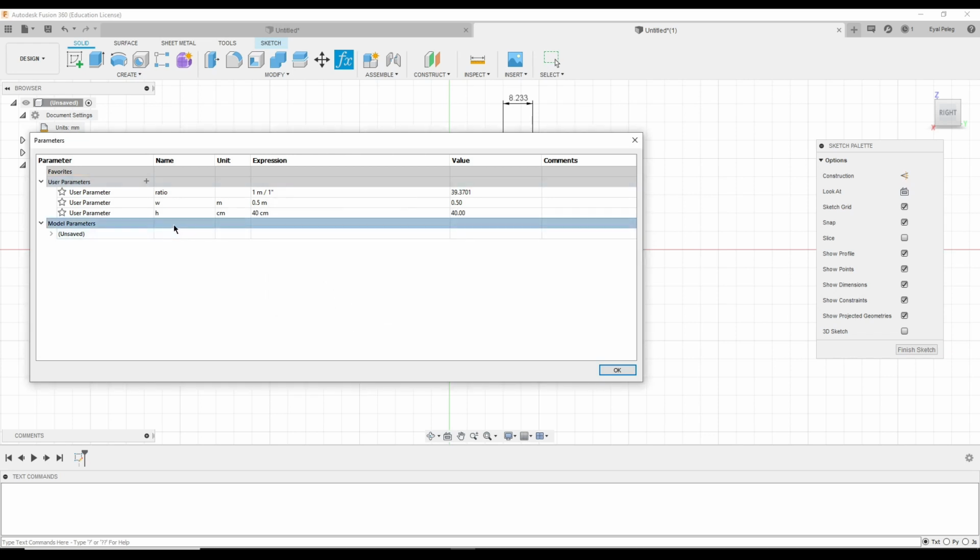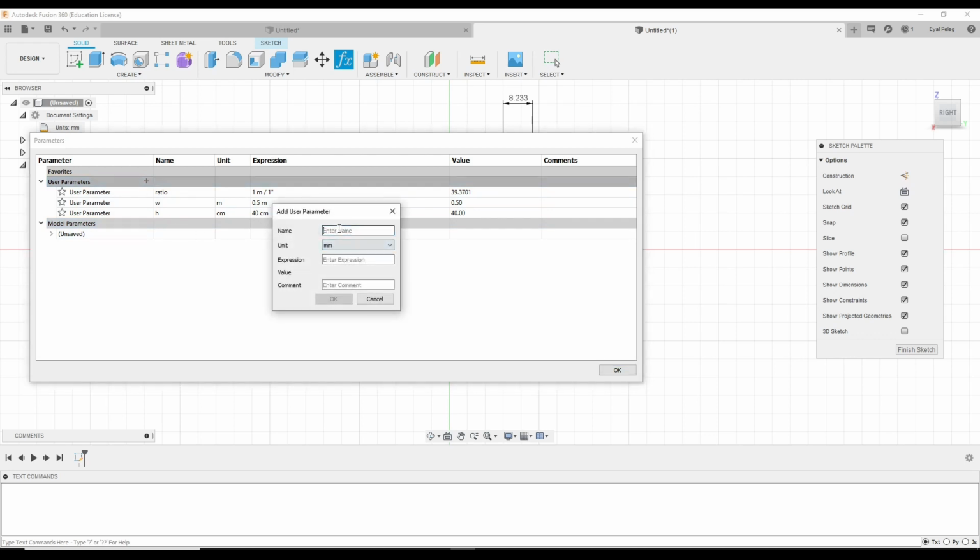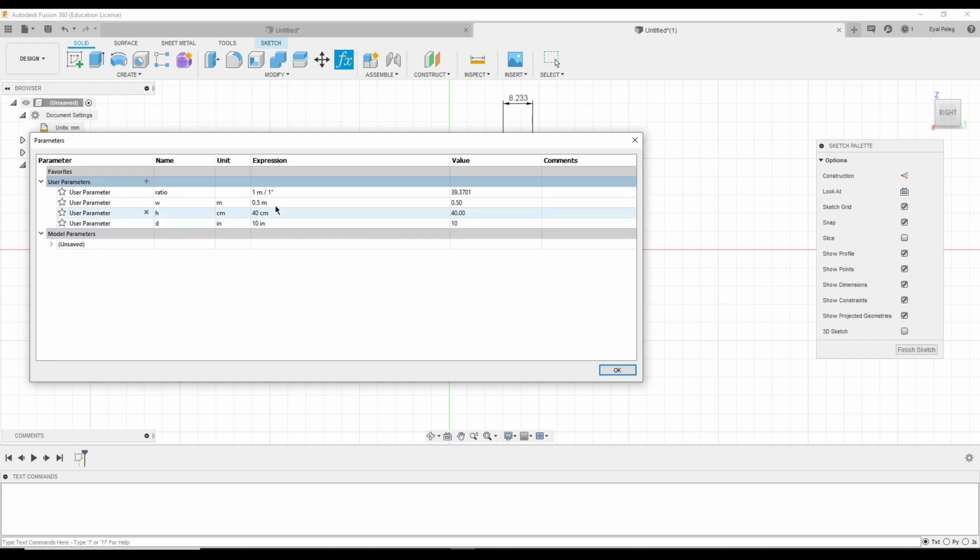And for some odd reason, let's say that the depth, or let's just call it D, will be in inches, and say it's 10 inches. Again, the expression here does not specify inches, but the default unit for this parameter, or the result of the expression, should be inches, and therefore we're talking about 10 inches in here.